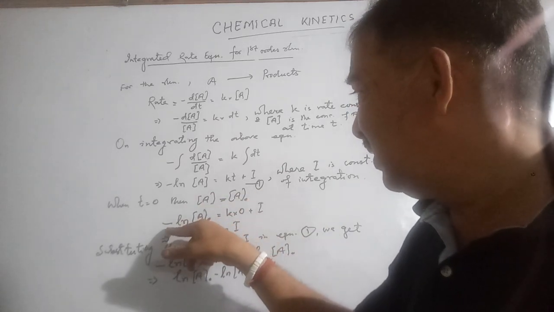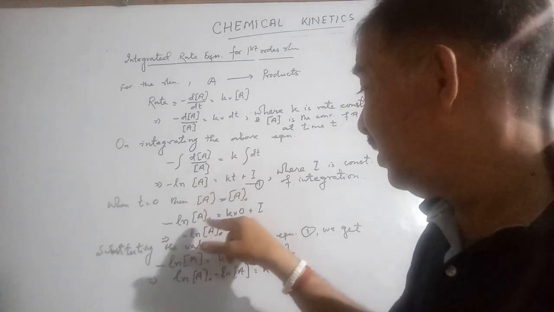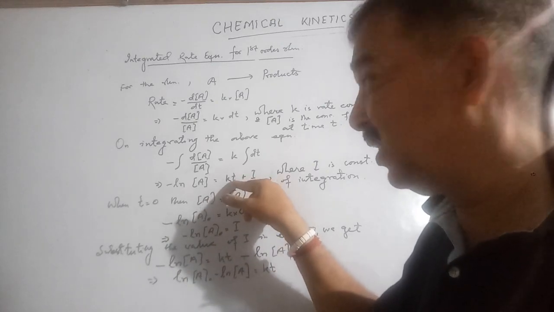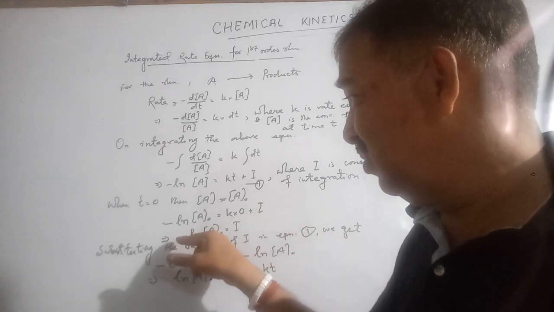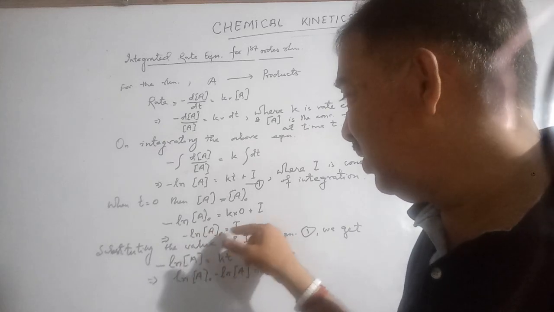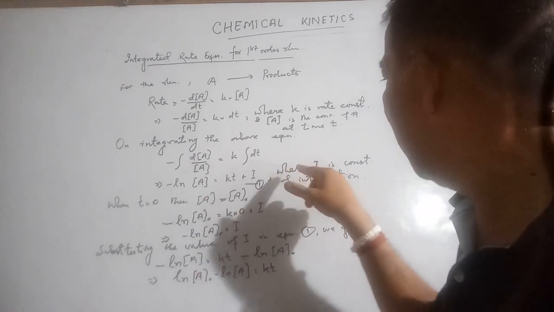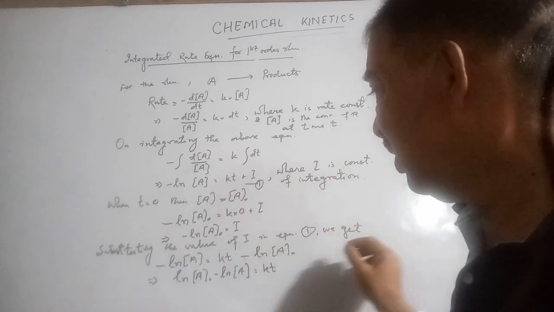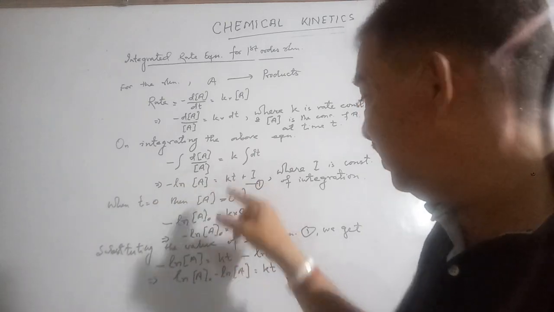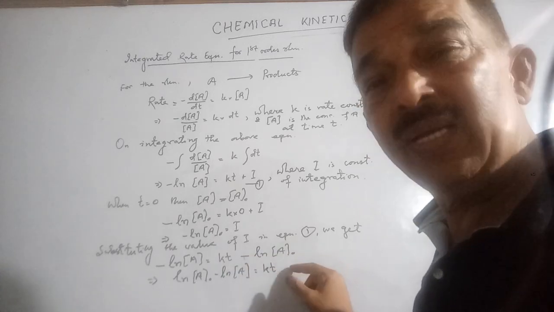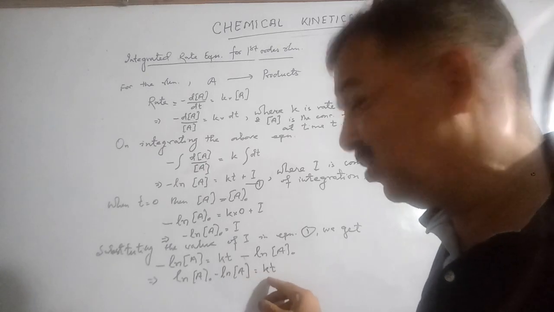So minus natural log [A]0 in place of [A] is equal to k into 0 plus I. It becomes minus natural log [A]0 is equal to I. Substituting the value of I in equation 1, we get natural log [A] is equal to minus kt minus natural log [A]0, or natural log [A]0 minus natural log [A] is equal to kt.